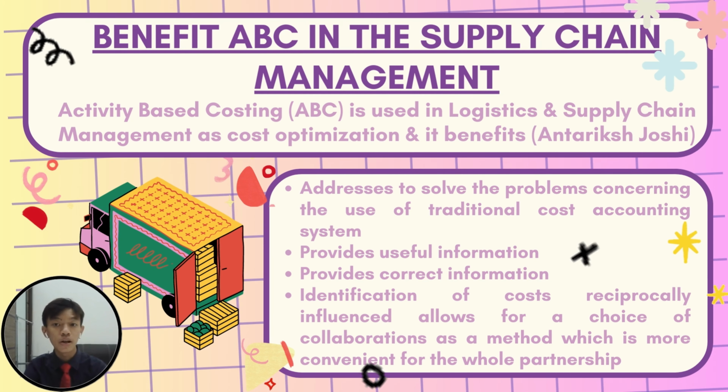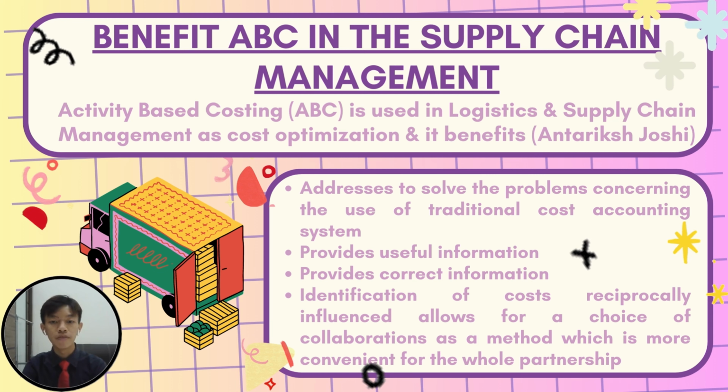ABC is a comprehensive costing tool that provides a more in-depth understanding of a company's cost and profitability by examining, identifying, and analyzing the activities required to deliver a product or service. With ABC, we can break down costs into activities, making it easier to identify the costliest part of the supply chain, thus allowing us to focus on optimizing those areas to reduce costs.